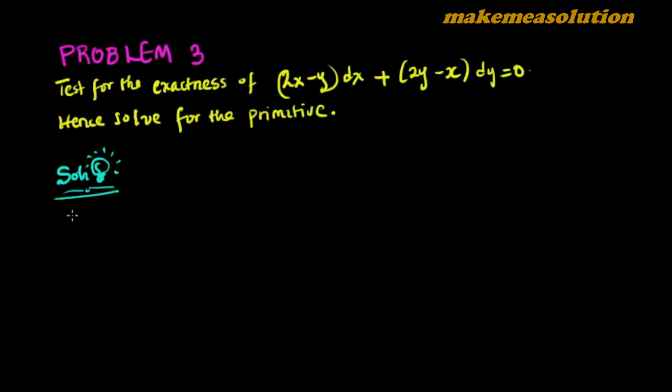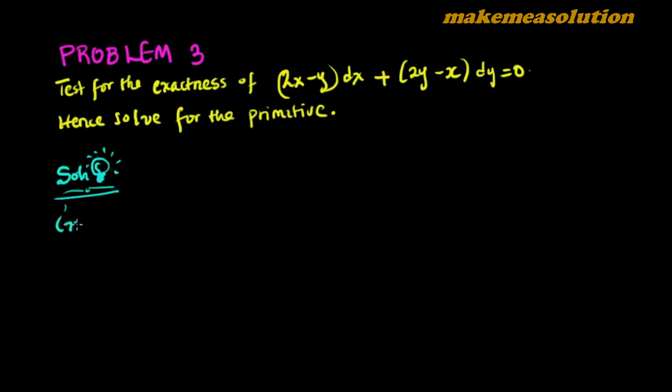Okay, here we are at problem 3, and in problem 3 we are to test for the exactness of (2x minus y) dx plus (2y minus x) dy equal to 0. So having tested for the exactness, we are to solve for the primitive. The primitive is another word for general solution. Okay, so let's begin.